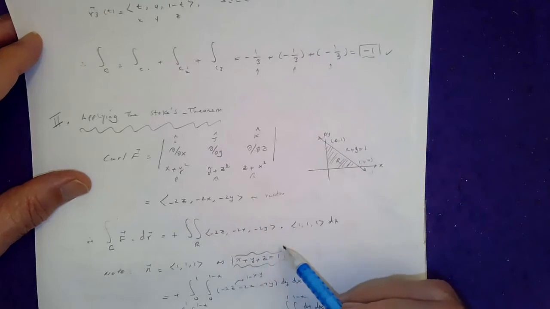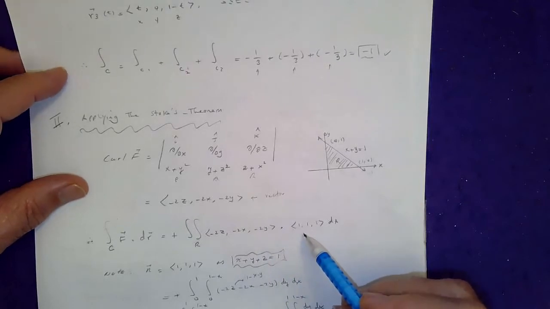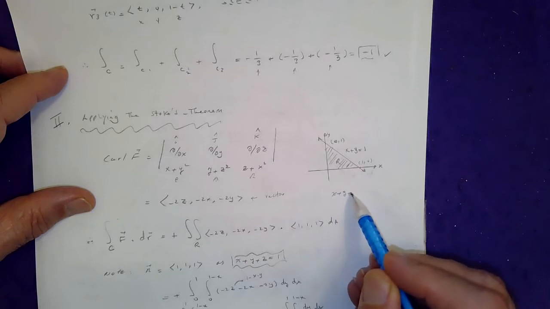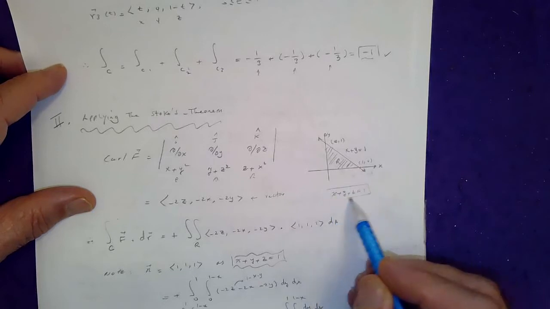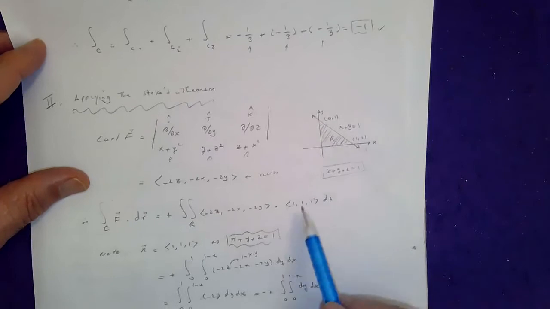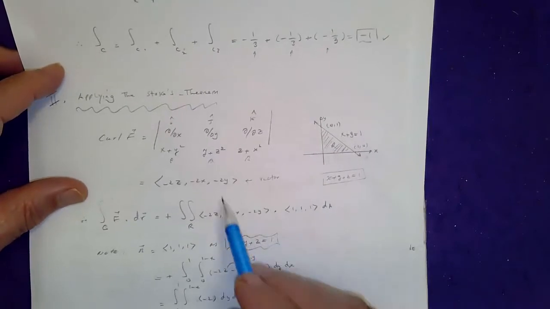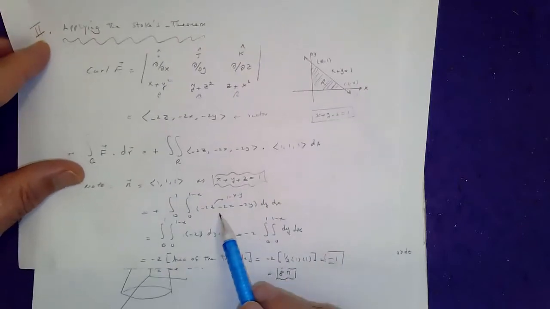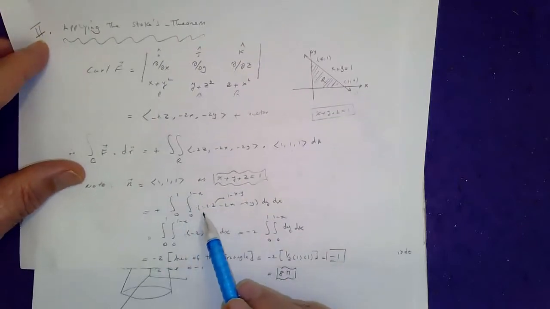Then I have to dot it with a normal vector. Remember, the normal vector to this plane is (1, 1, 1). Take the dot product of the curl and the normal vector. Lo and behold, you get this double integral, right?